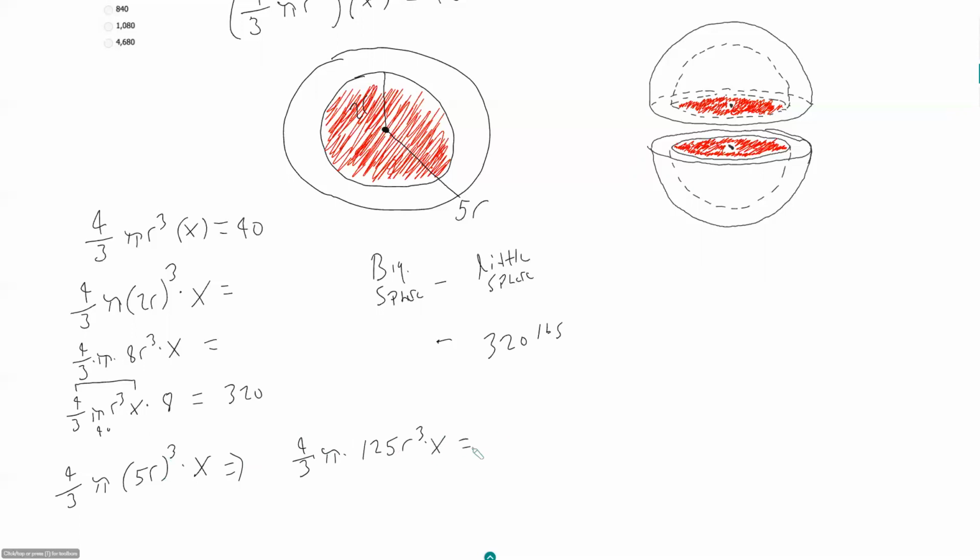If we do the same thing and rearrange this, 4/3 pi r cubed x times 125. Remember, this guy here is equal to 40. So we've got to find what 40 times 125 is. 125 times 4 is 500. So 125 times 40 should be 5,000 pounds.